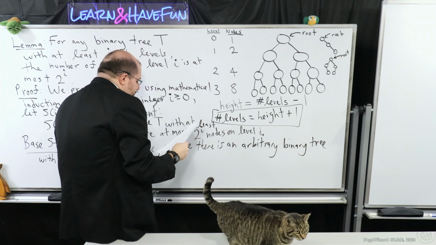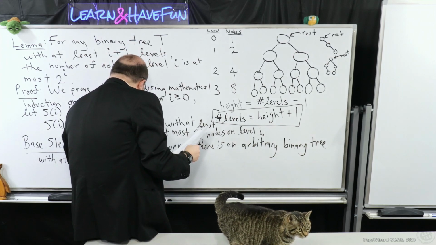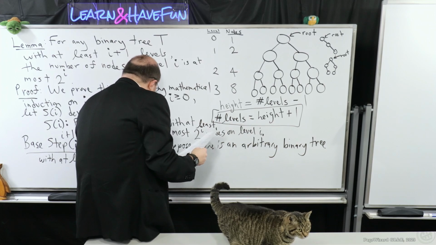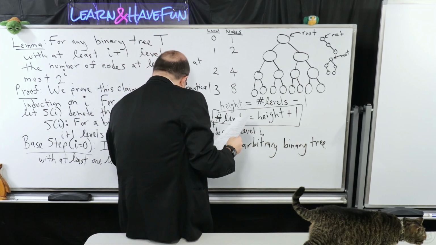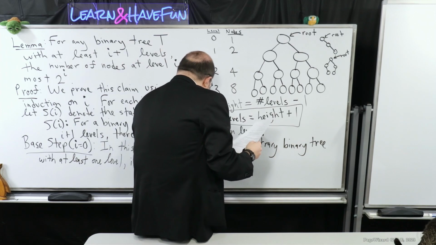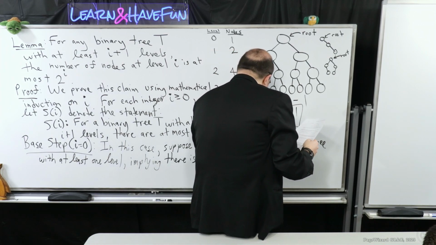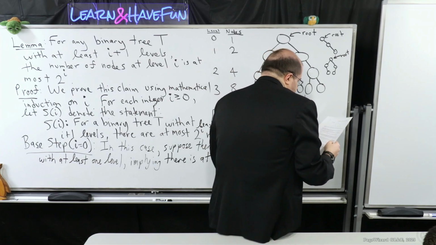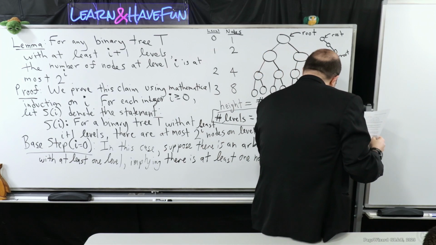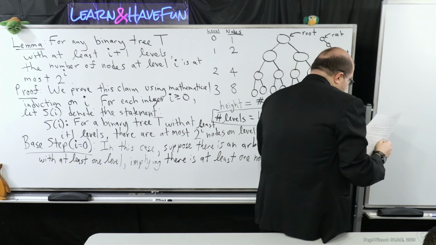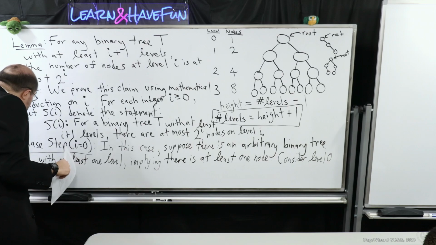So what does that mean then? What is this implying then? There is at least one node. So what we're going to do is consider level 0 of this tree.